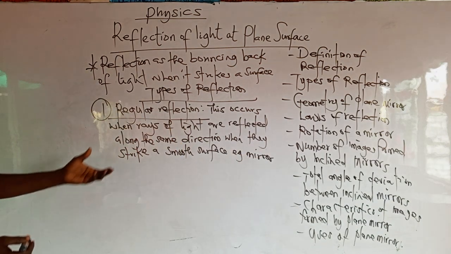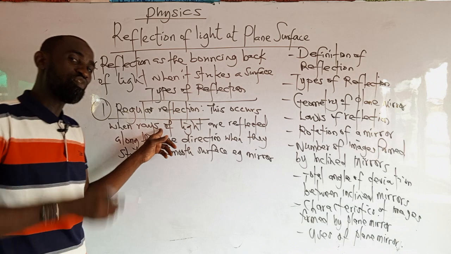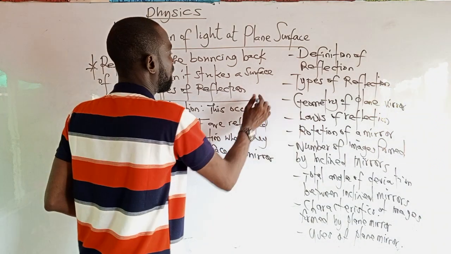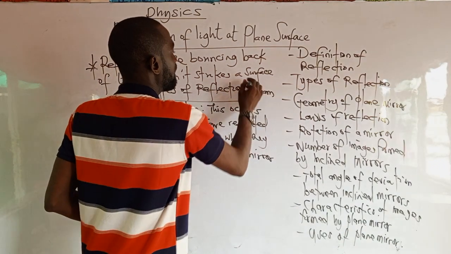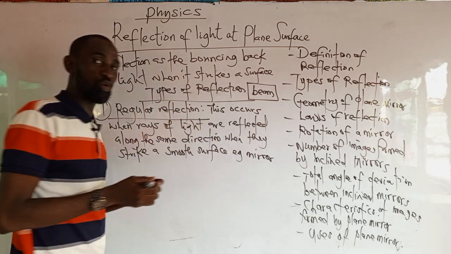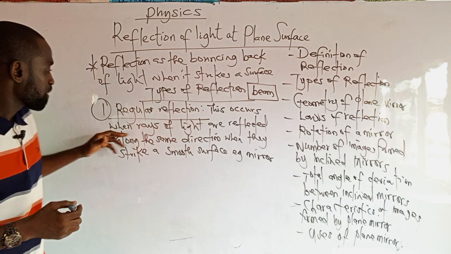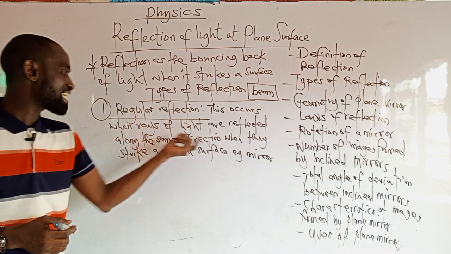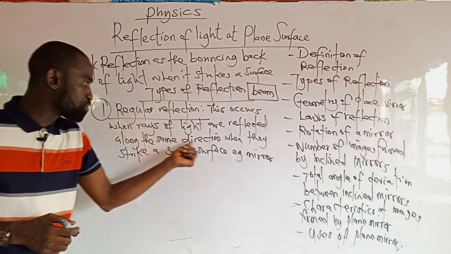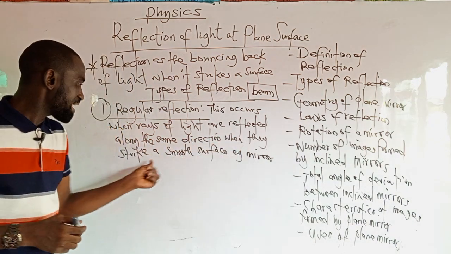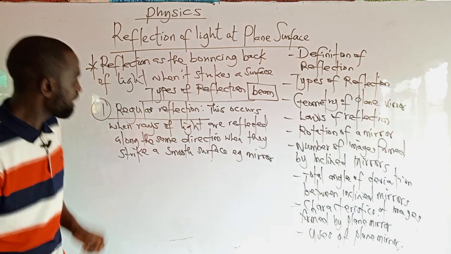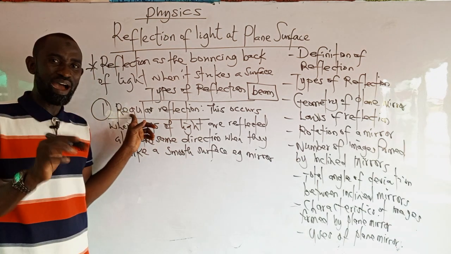Rays of light, a collection of rays, is what we call a beam of light. So when these rays of light are reflected along the same direction when they strike a smooth surface, we have what we call regular reflection.